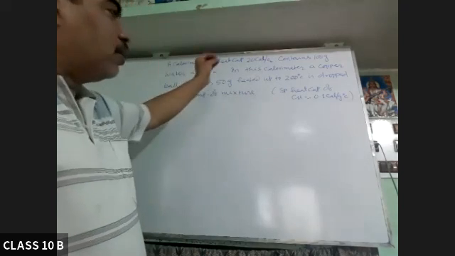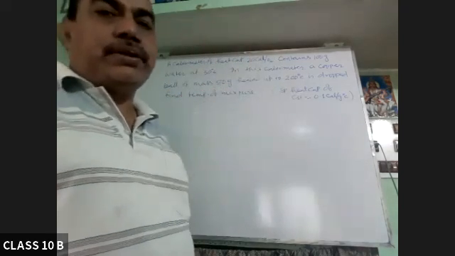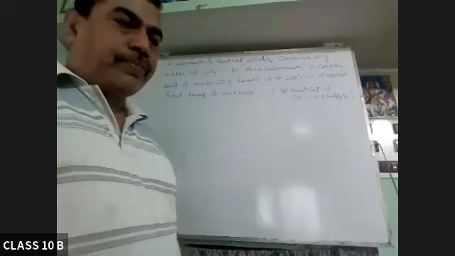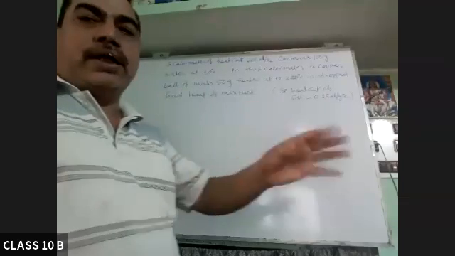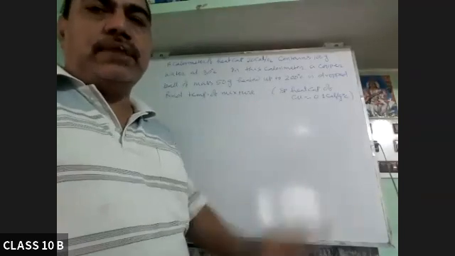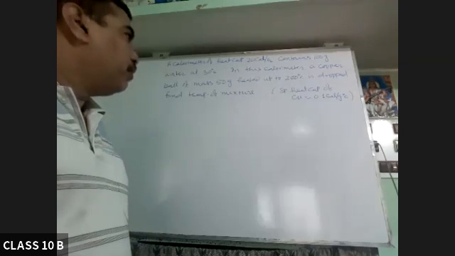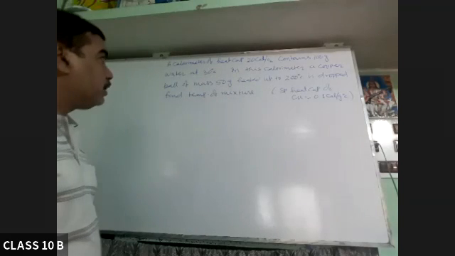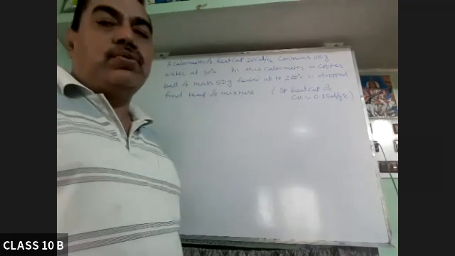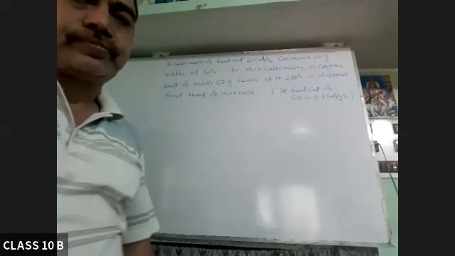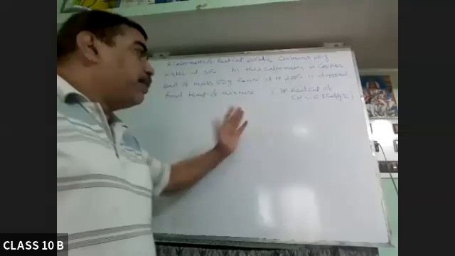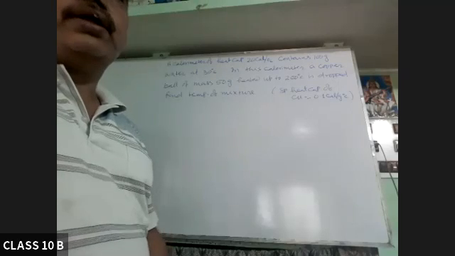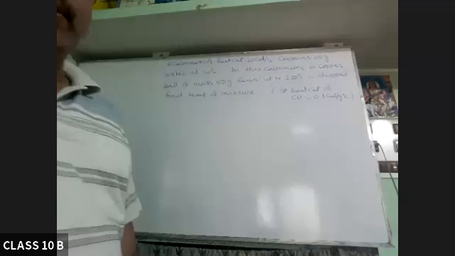If heat capacity is not given, or it is given negligible, or nothing is mentioned about the vessel, then we will ignore the calorimeter. But here it is given. So here the calorimeter as well as water is going to gain heat. Separately you will find who is going to lose heat and who is going to gain heat, and then we will apply the principle of calorimetry.